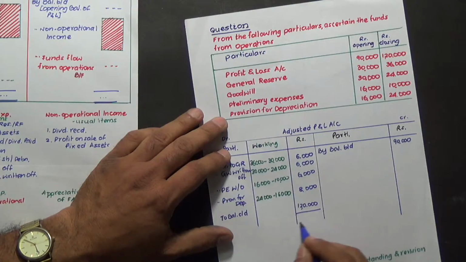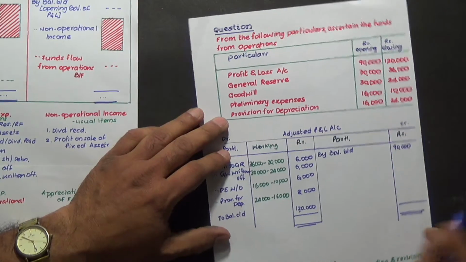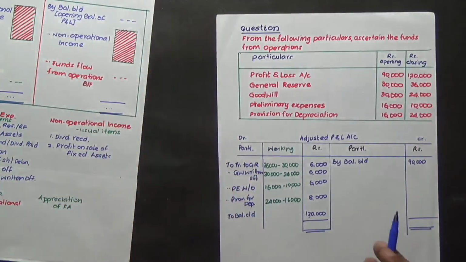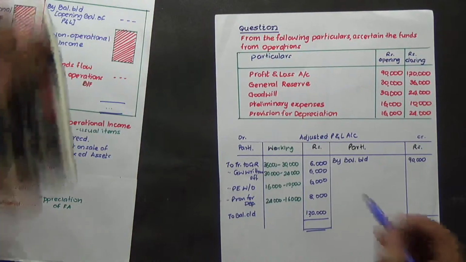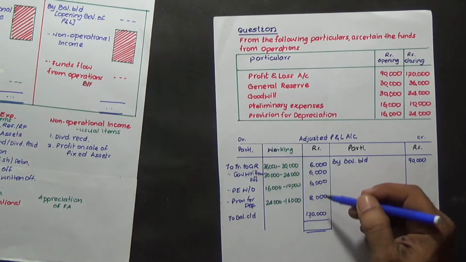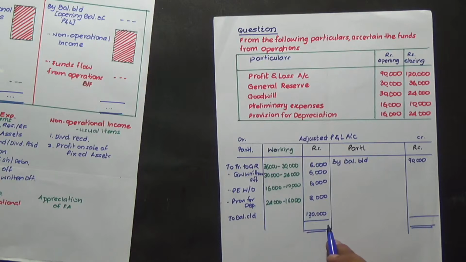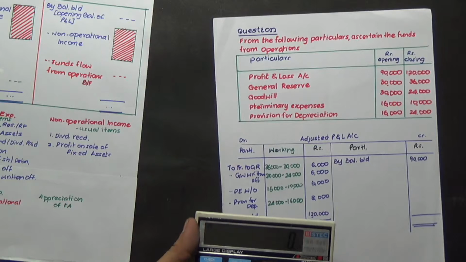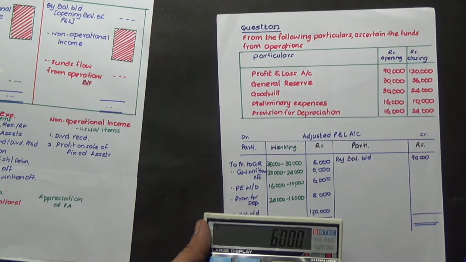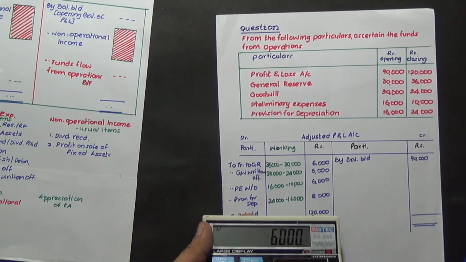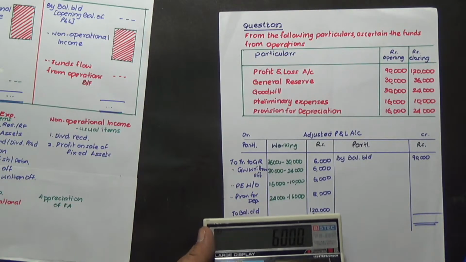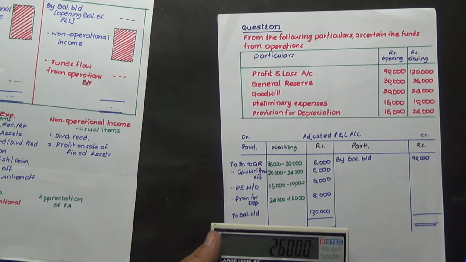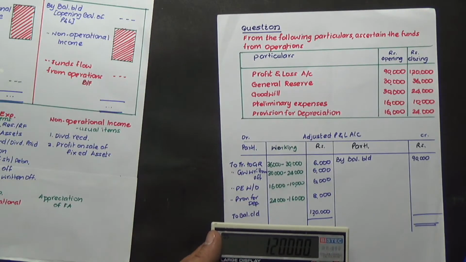If we total this up, we are finished with all the items. Now we'll just do the arithmetical work. 6,000 plus 6,000 plus 6,000 plus 8,000 is 26,000, plus 1 lakh 20,000 will be 1 lakh 46,000.